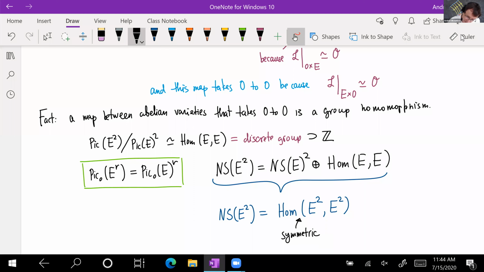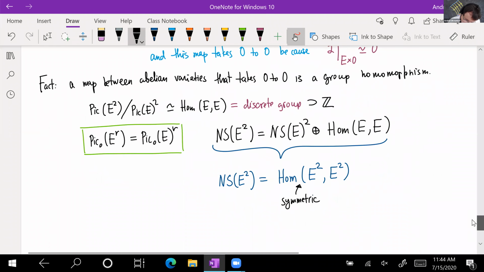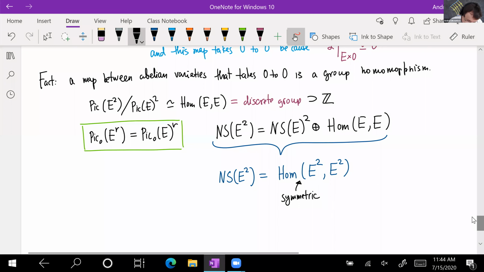Symmetric meaning, so in general, if I have a map between abelian varieties, in this particular instance, that number was just Z, the 2 copies of Z.